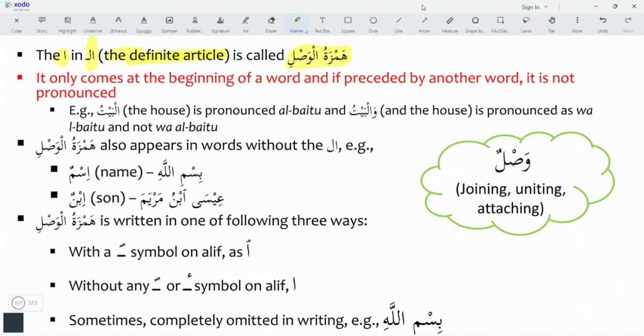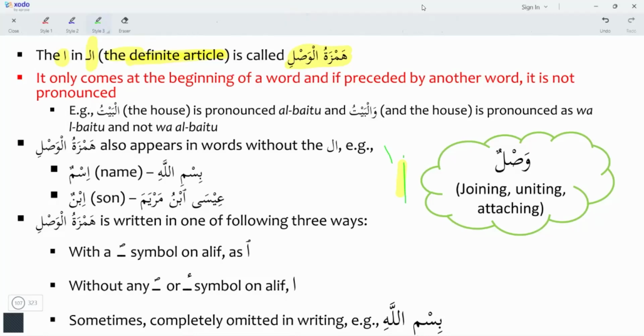So this alif and lam. This alif is hamzatul wasl. This alif is hamza of wasl. And this lam is the definite article. We call it lamut ta'rif.